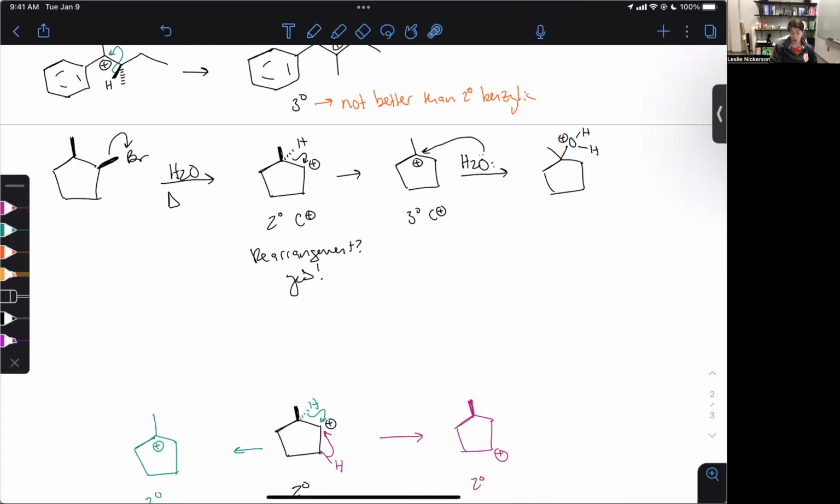I do have a plane of symmetry if we think about these on wedges and dashes going forward and back. So I don't actually have any stereochemistry here, so I'm not going to worry about wedge dash at this point, because it doesn't really matter. So then we're going to get that as our SN1 product. That's going to be our major product.